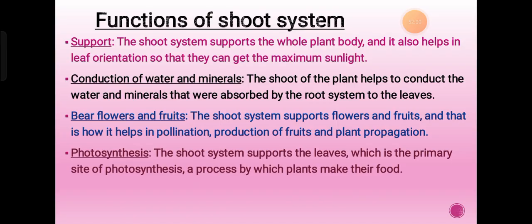Okay, so lastly, photosynthesis. The shoot system supports the leaves, which are the primary site of photosynthesis, a process by which plants make their own food.